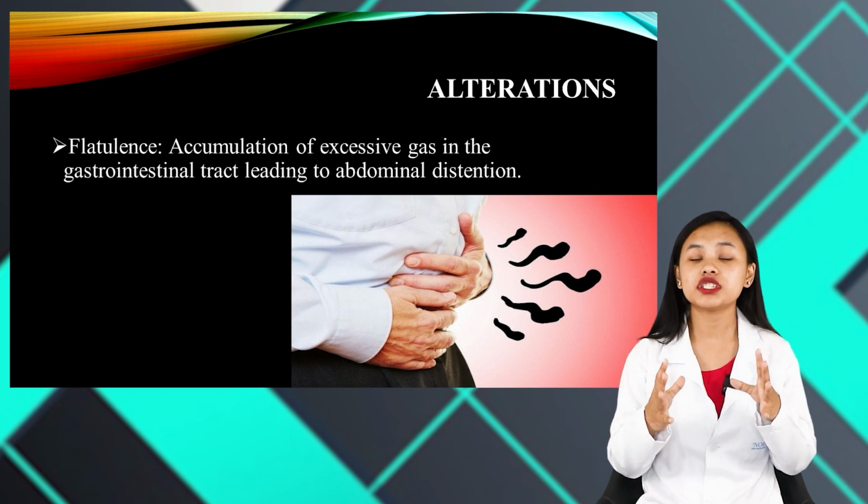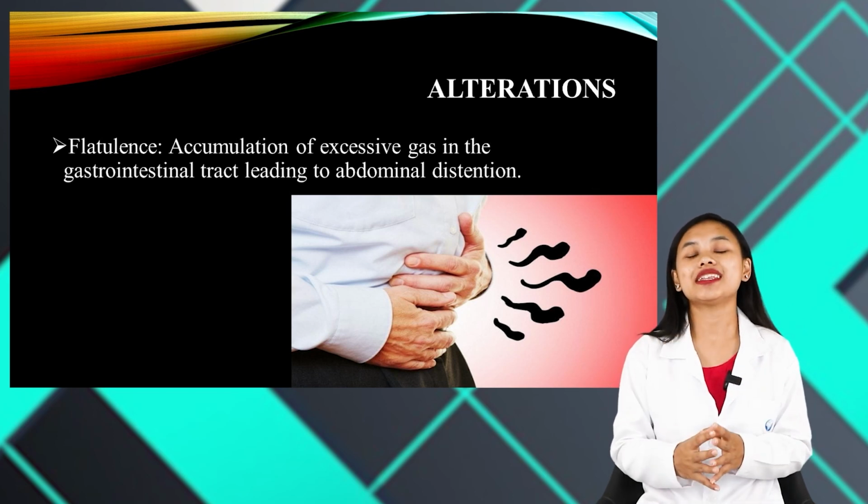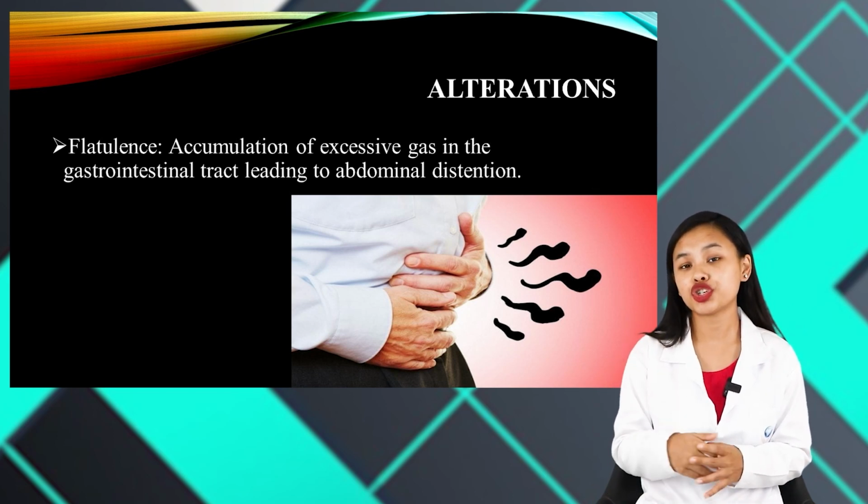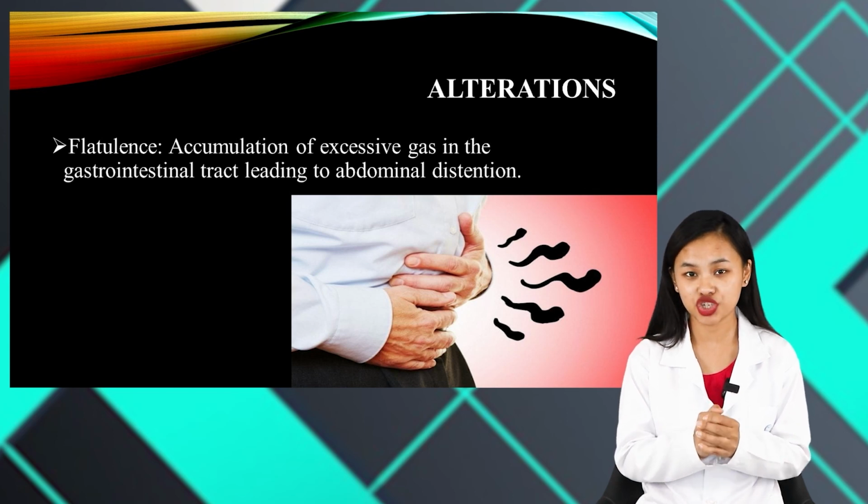So because of these conditions, there can be alteration in bowel elimination. In this session, we will be discussing in detail about constipation, whereby we will get a clear idea of how constipation can alter the bowel elimination pattern.